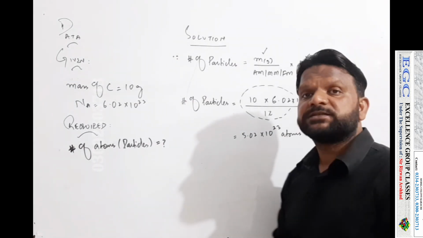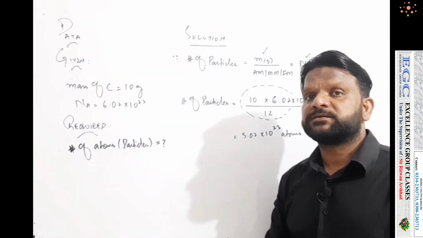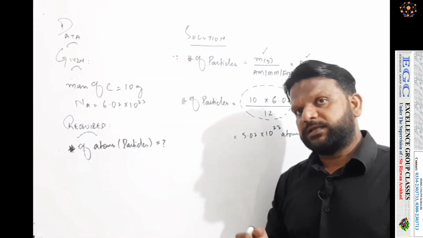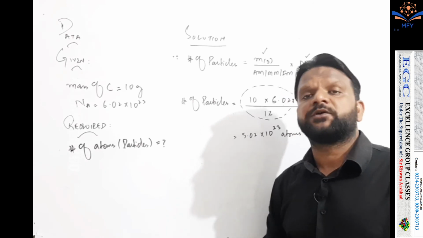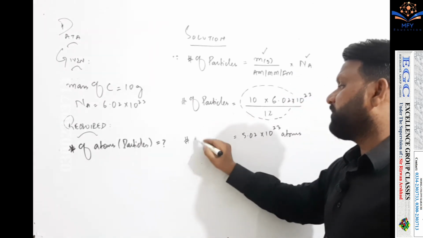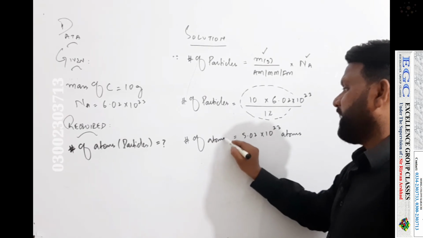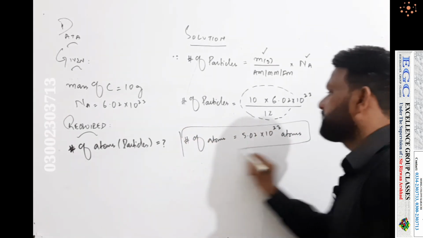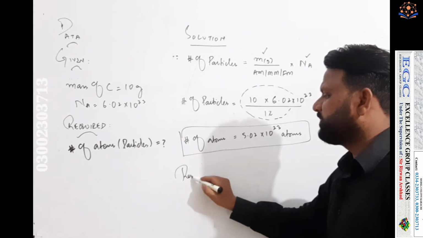The general unit is particles, but since we are specifically dealing with carbon, it will be number of atoms and the unit will be atoms. So you can write the result here.